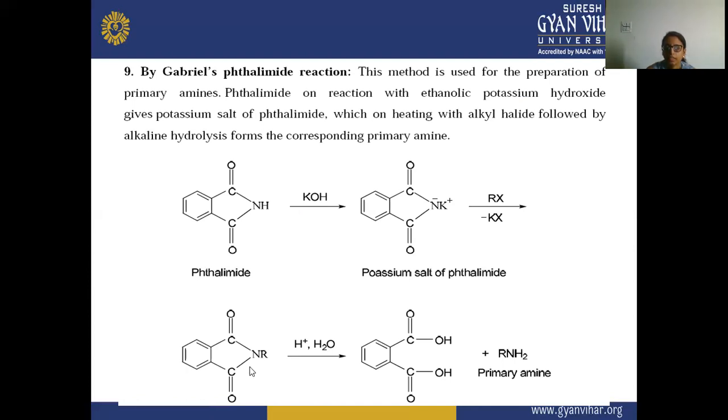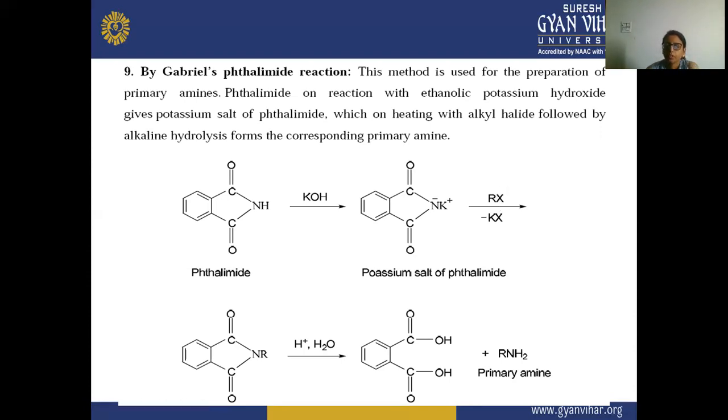and after that, in this reaction, the potassium salt of phthalimide reacts with RX, that is the alkyl halide, and from the alkyl halide there is a removal of potassium halide. The R gets attached to the N, and the K is removed from here and reacts with the halogen.